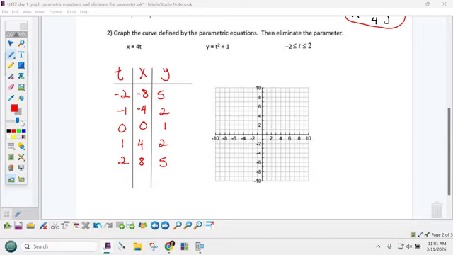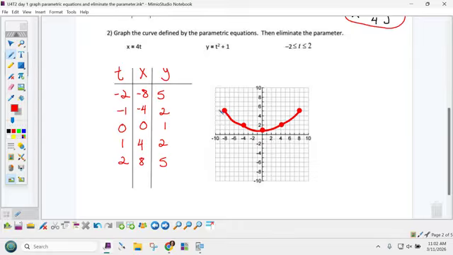Let's put the points on our graph. -8. All right, connect the dots.